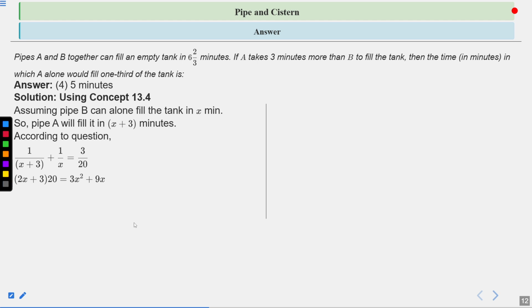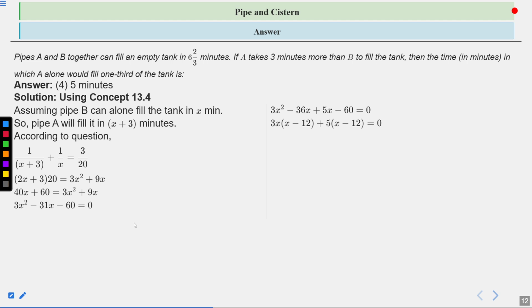When we simplify it, we get (2x plus 3) multiplied by 20 equals 3x square plus 9x. Now we get 40x plus 60 equals 3x square plus 9x. So we get 3x square minus 31x minus 60 equals 0. So we get 3x square minus 36x plus 5x minus 60 equals 0.